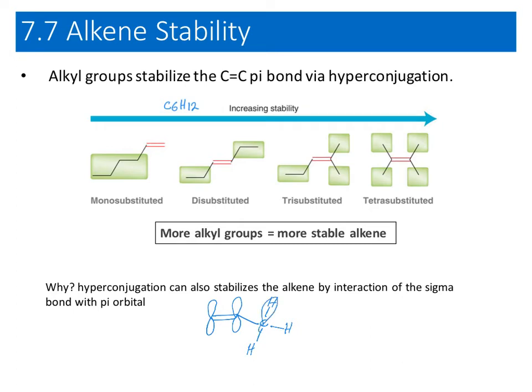Now what's happening here is the sigma bond in the alkyl group will donate electrons to the pi bond, and that causes stability to the more substituted alkene. So the more alkyl groups attached to the double bond, the more interaction we would have and the more stable the alkene would be.